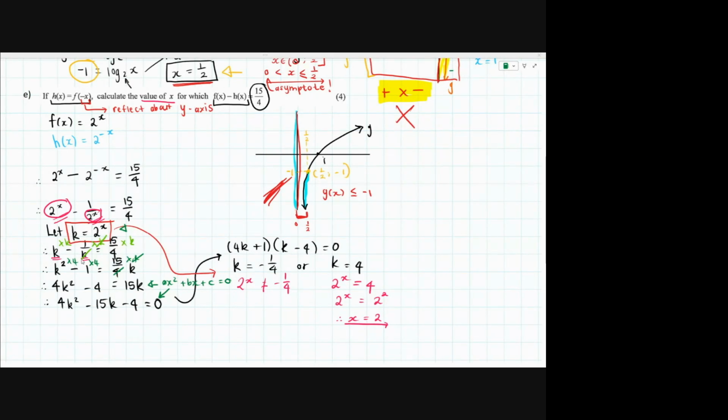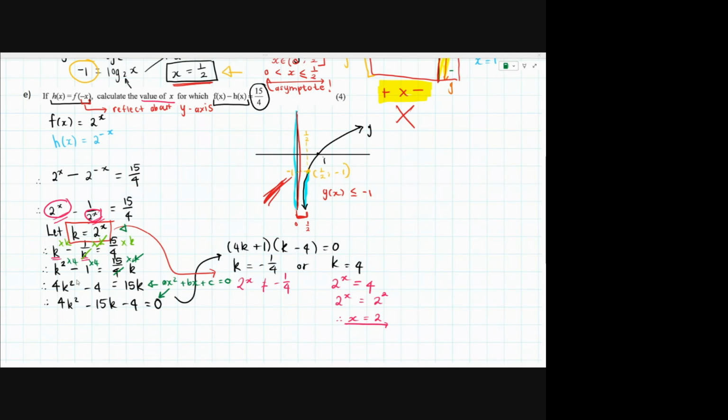Lorato? Ma'am, since we said we let k equal 2 to the power of x, when we find the k values and find x, we don't have to now find the x value for 2 to the power of negative x.